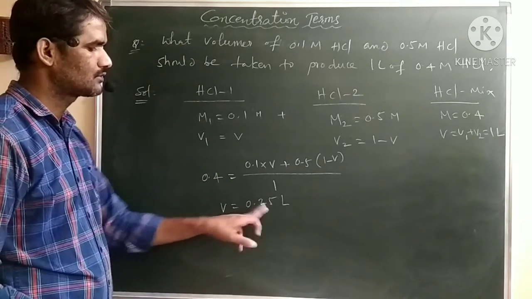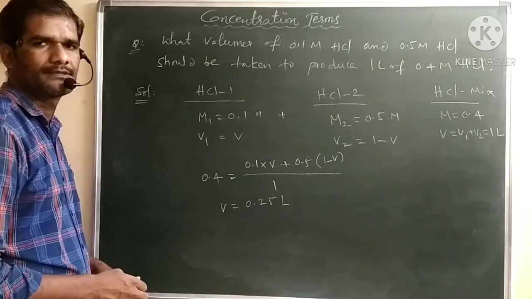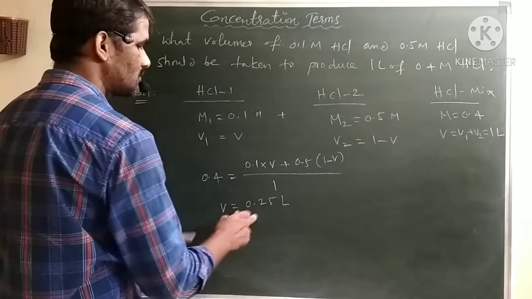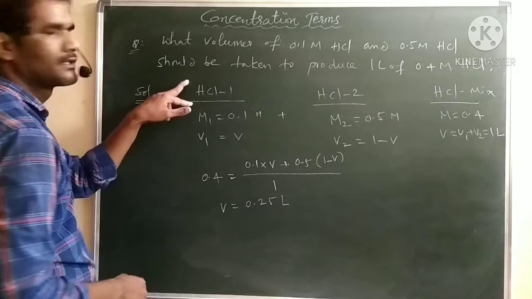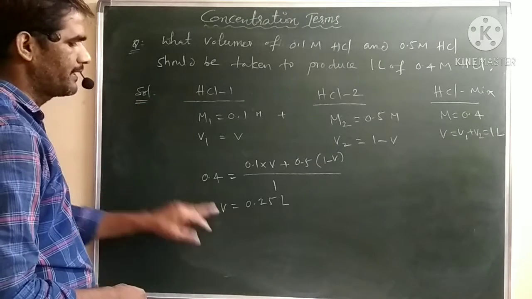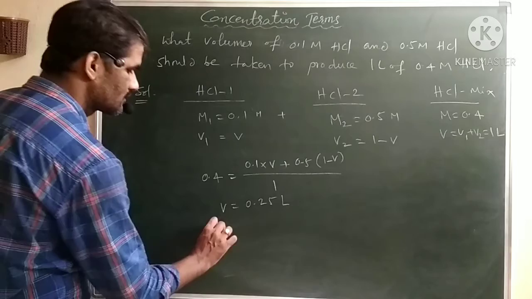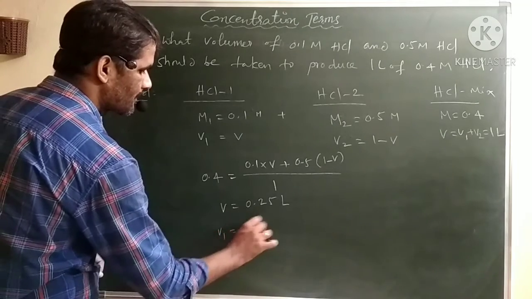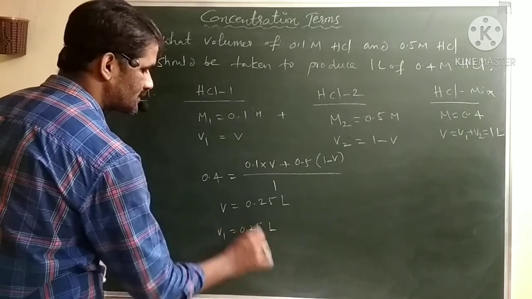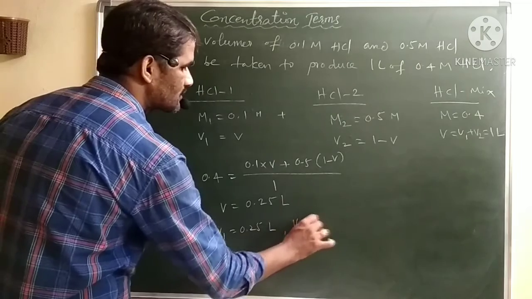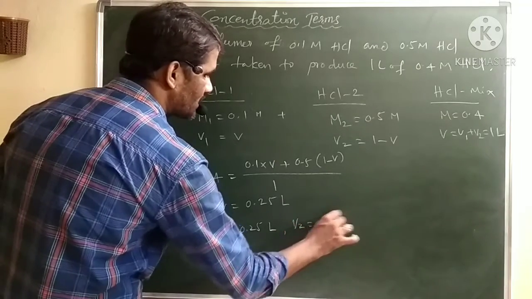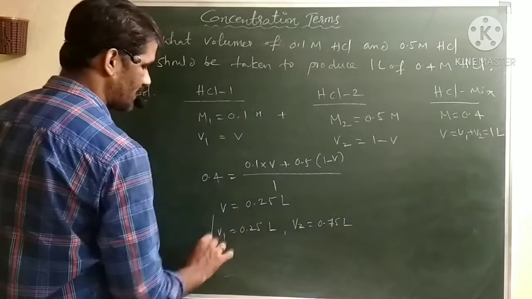If V equals 0.25 liters, the first HCl volume V1 should be 0.25 liters, and then V2 is automatically 0.75 liters.